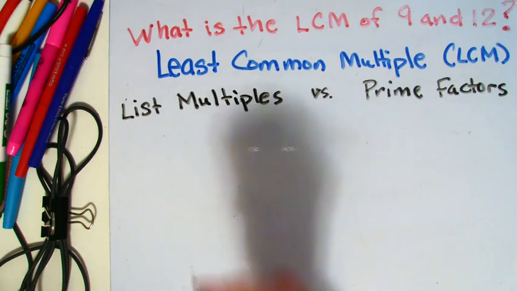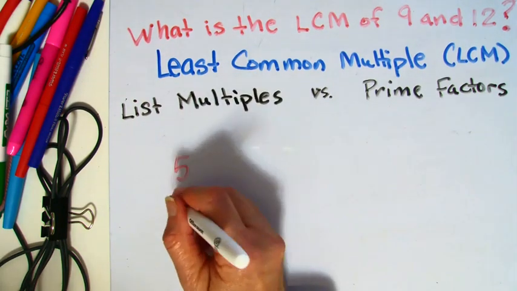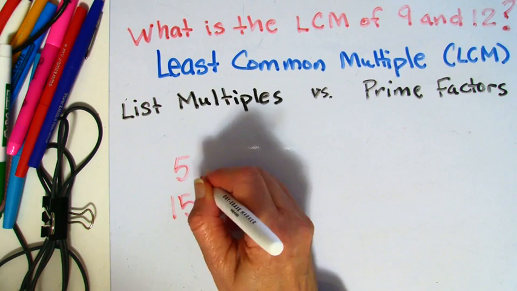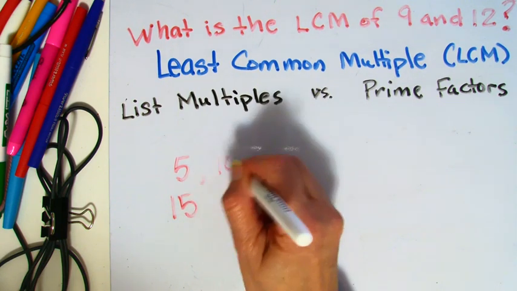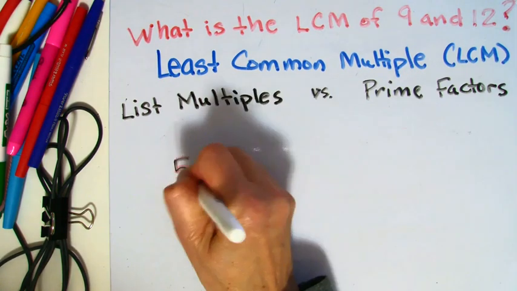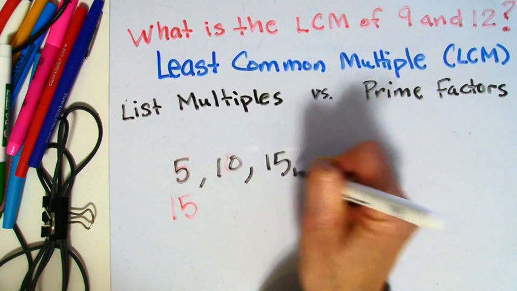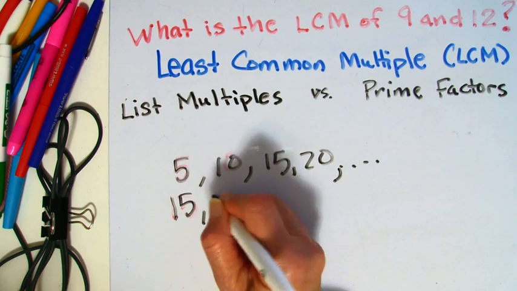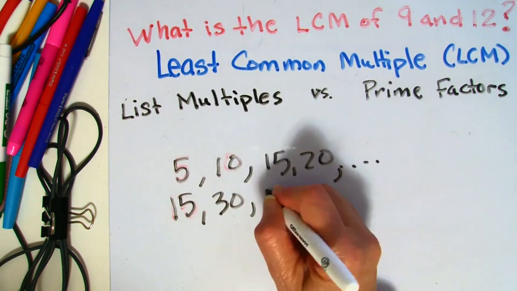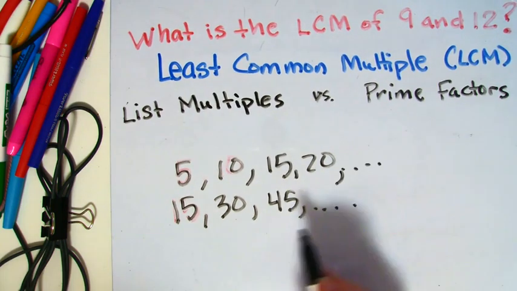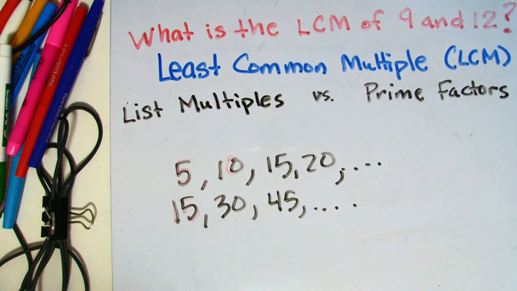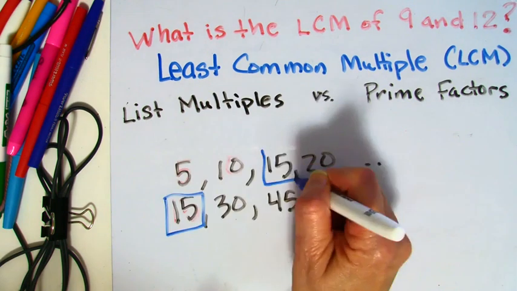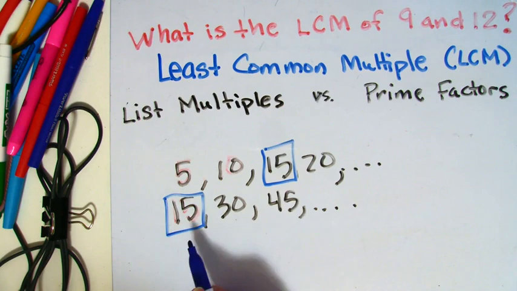So for instance, if I have 5 and I'm comparing that to 15, I know that if I listed them off, I'd have 5, 10, 15, 20, etc. And for here, I would have 15, 30, 45, etc. So you can see that both of these numbers, the 5 and the 15, have a 15 as a common multiple, and it happens to be the lowest common multiple.